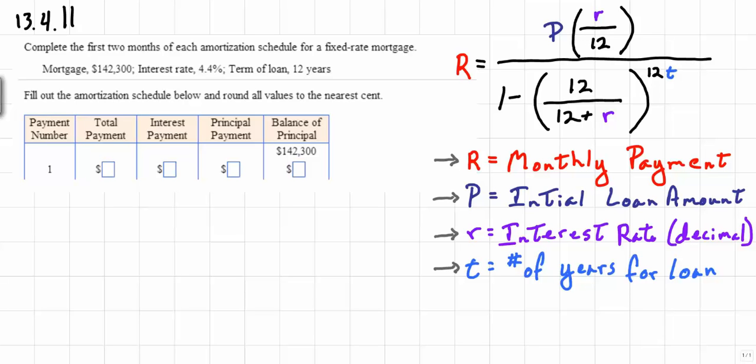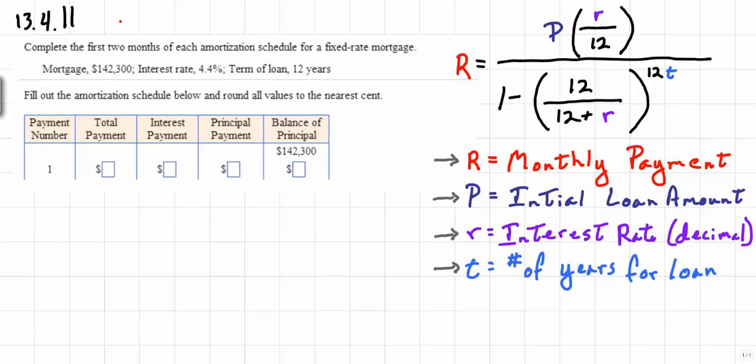I'm going to use the TI-83 emulator for this particular problem. Every calculator is going to be a little different, and how you enter this is going to depend upon what your calculator is and how the order of operations is processed with that particular calculator. So let's go ahead and set up what each one of these is going to be.